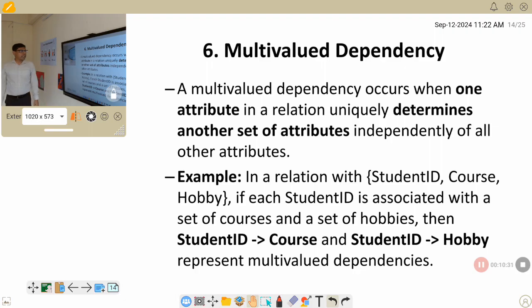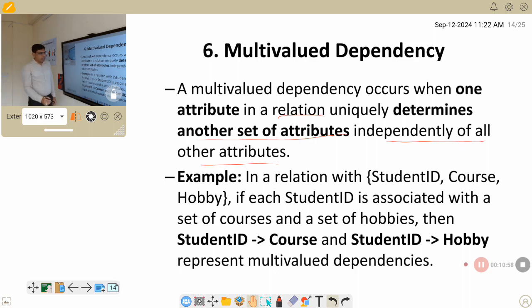Next is the multi-valued dependency. A multi-valued dependency occurs when one attribute in a relation, meaning in a table, uniquely determines another set of attributes, not a single attribute, a set of attributes which are independent of all other attributes.